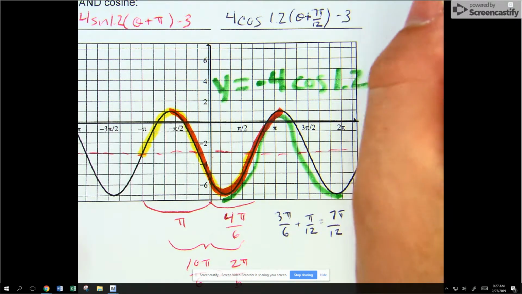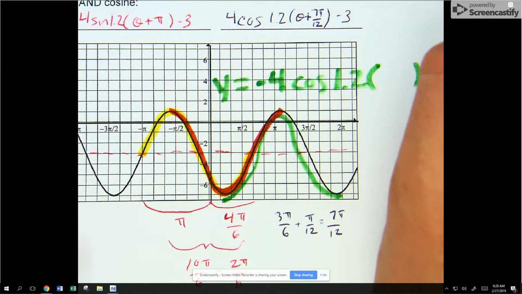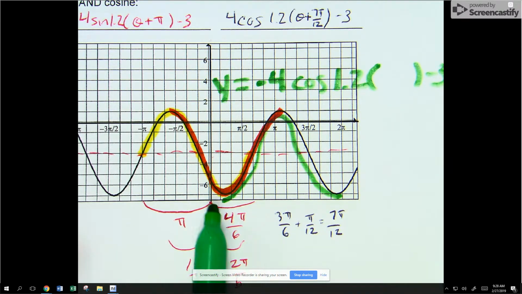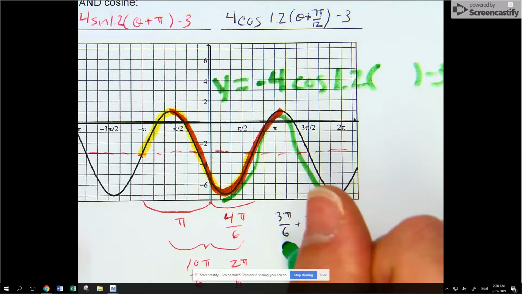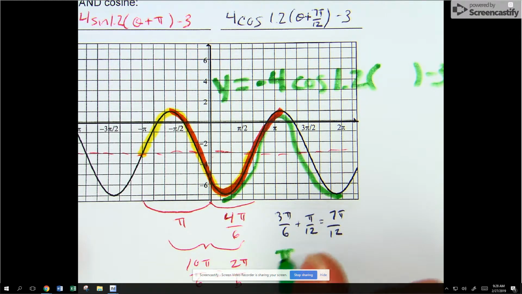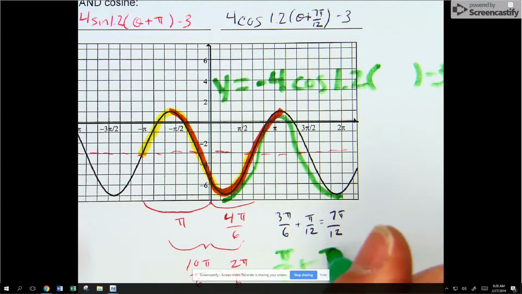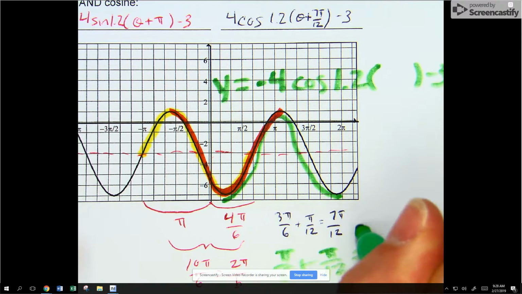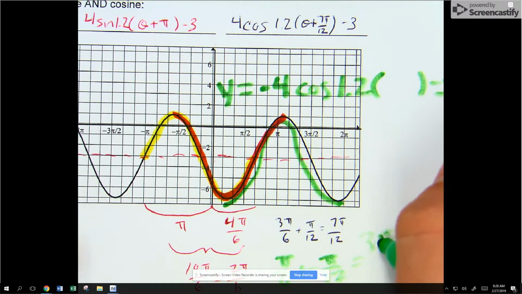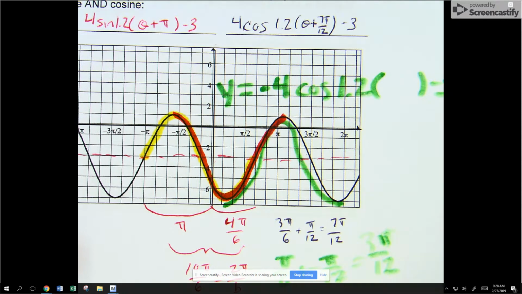I still have a minus 3. But how much of a shift is it down here? It's pi over 6 plus another half. So it's 3 pi over 12 as my marker dies. All right.